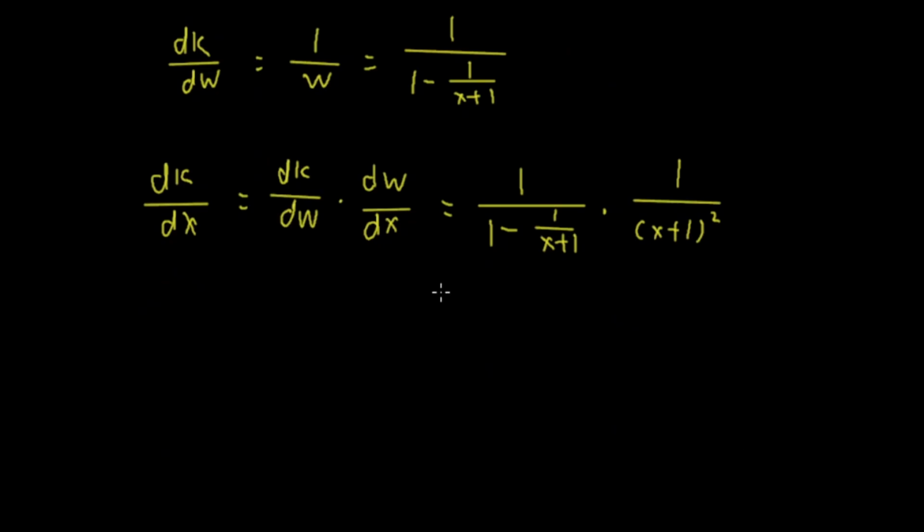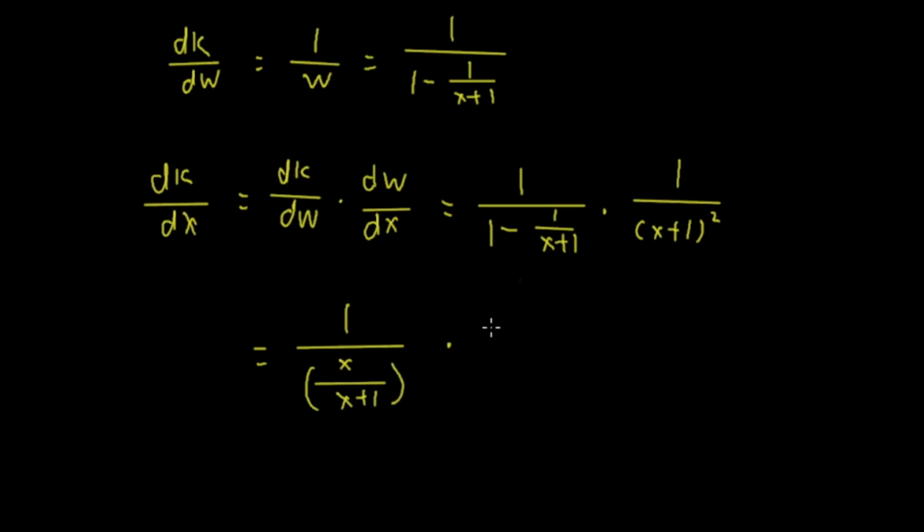Okay, remember this is just equal to x over x plus 1, right? If we just find the common denominator here, and then we just group them together. So we can do this. This is the same as 1 over x plus 1, right?